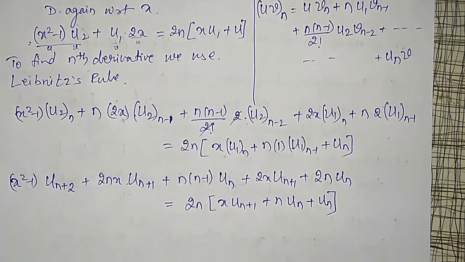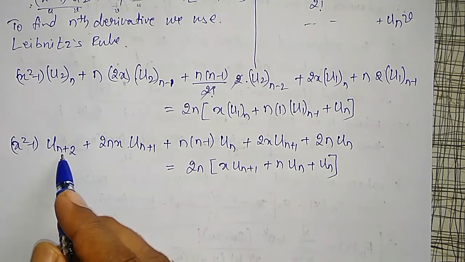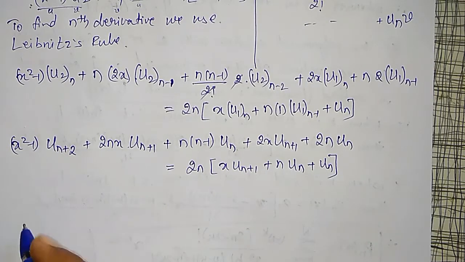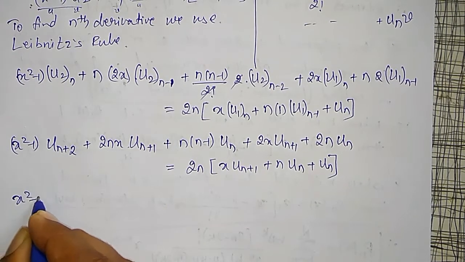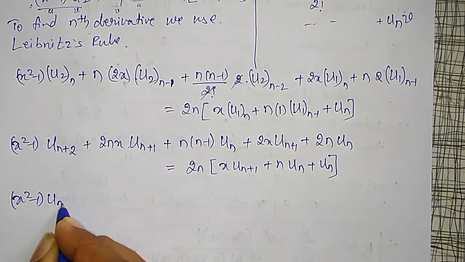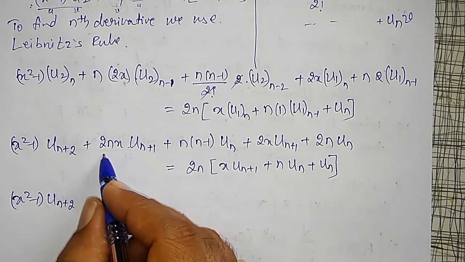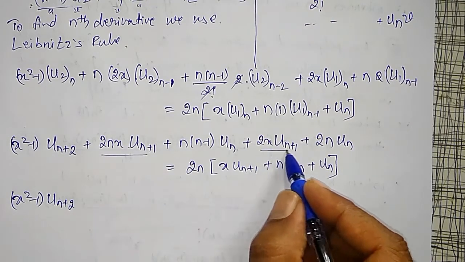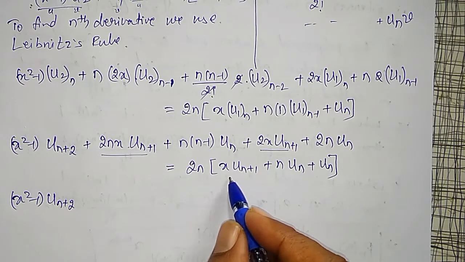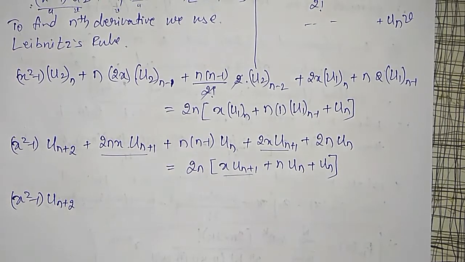Highest derivative term here is un plus 2. No other term is containing un plus 2. Therefore, it is x square minus 1 into un plus 2. Then un plus 1 containing terms I will combine altogether. Un plus 1, un plus 1, and on the right hand side also un plus 1.